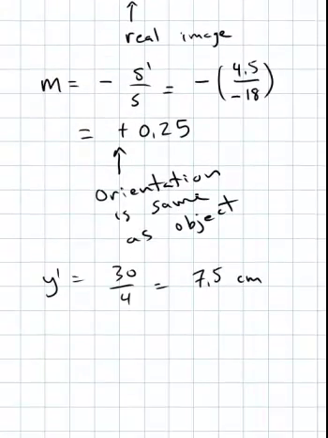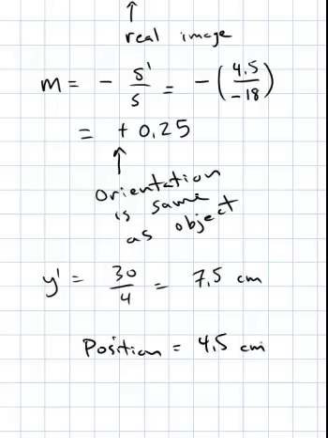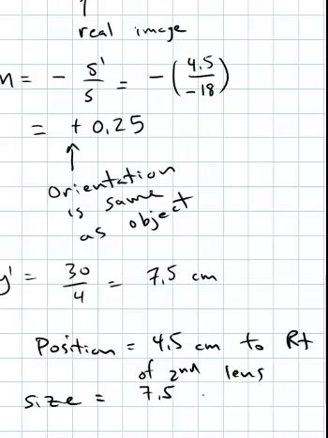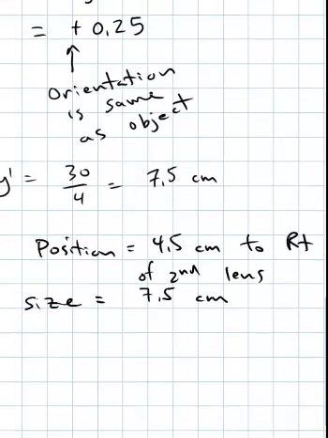So let me just recap. The position, 4.5 centimeters to the right of the second lens. The size, 7.5 centimeters.